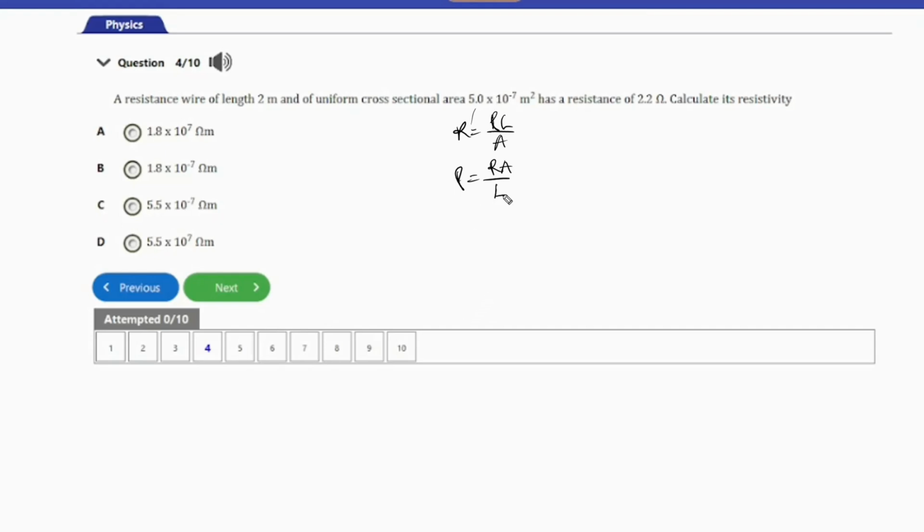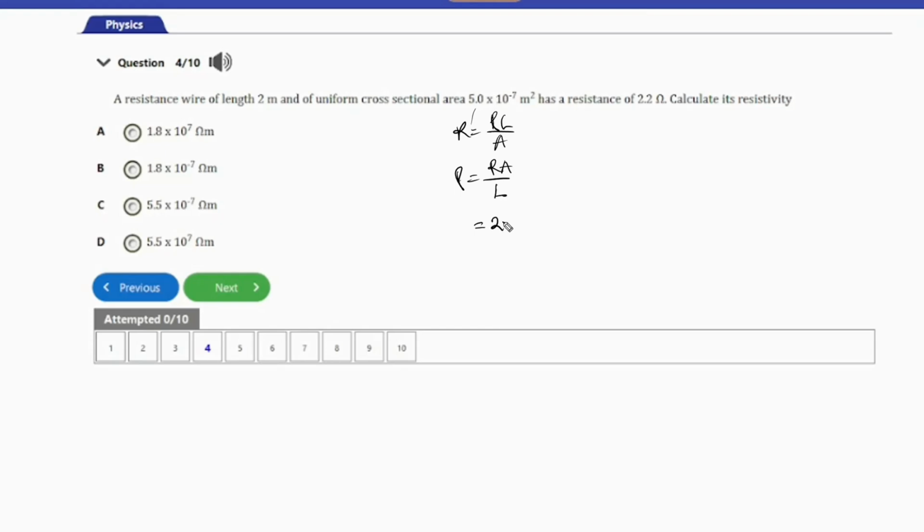So we have the length here, which is 2 meters. We have the resistance, which is 2.2 ohm, and we have the uniform cross-sectional area, which is 5.0 times 10 to the power of negative 7. So already we have all our parameters. We're just going to plug it in here, and then we get the answer to the question.